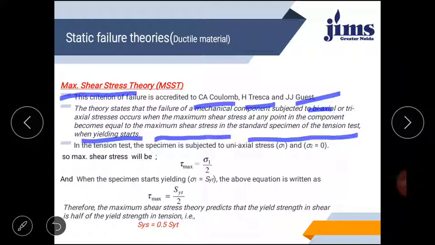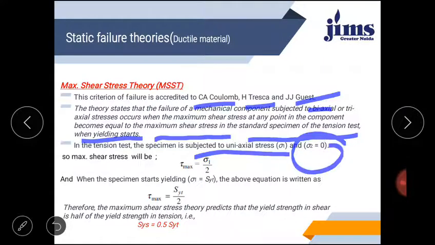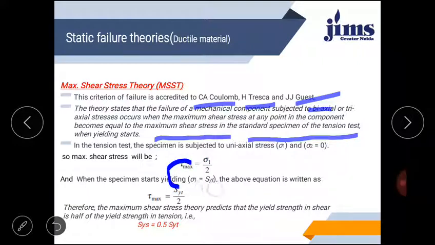In the tension test, the specimen is subjected to uniaxial loading, as I have already discussed at the UTM. So sigma 2 will be 0. Obviously, there is only one direction of force, so only one stress will be induced. In that situation, maximum shear stress will be equal to sigma 1 by 2.